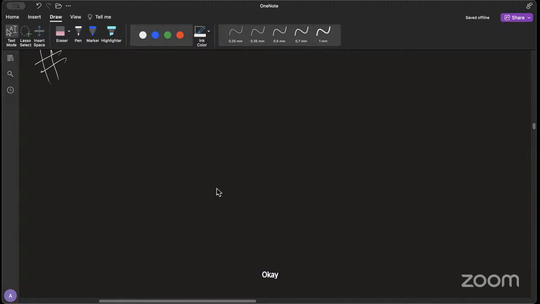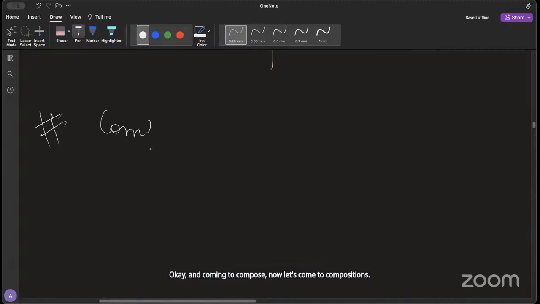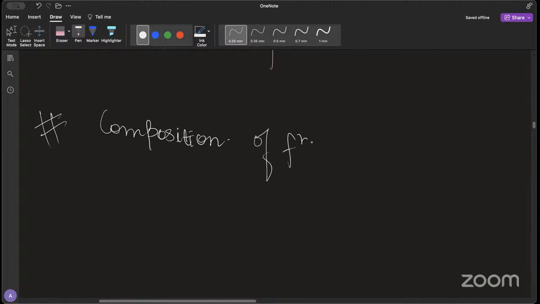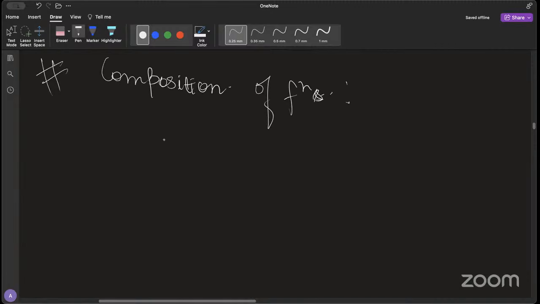Okay, now let's come to compositions. Do we have onto functions too in our syllabus this week? The composition of functions is basically f o g. This is composition of functions f(x) and g(x), let's say. So how do you compose two functions?